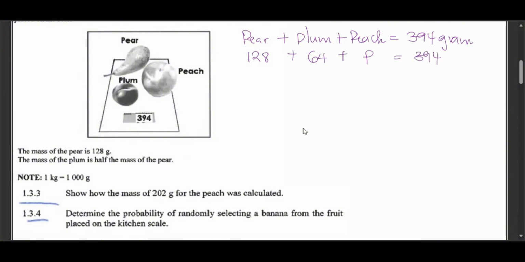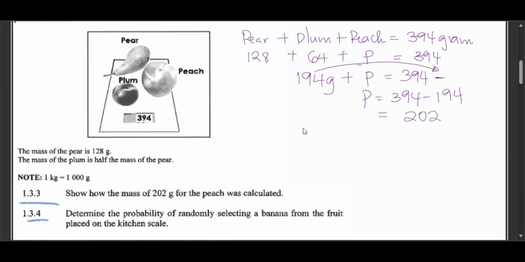When you add these two, you end up having 192 grams, plus the missing one equals 394. So this one jumps over and crosses to the other side. It becomes a negative. So it becomes 394 minus 192, and the answer indeed becomes 202.